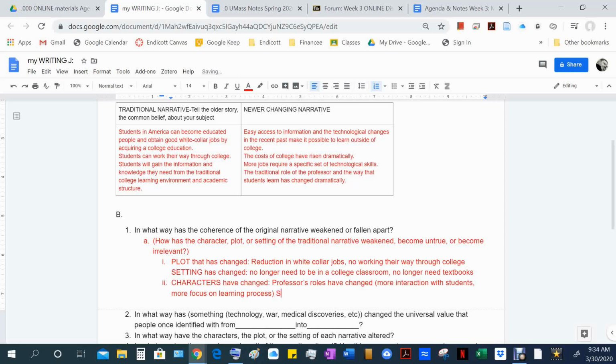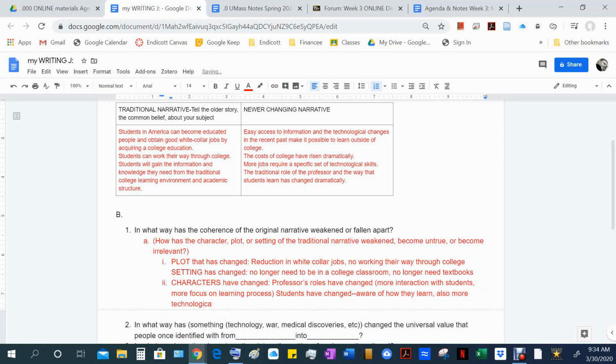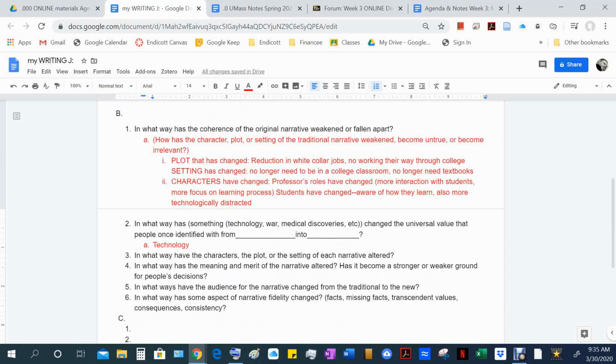And that's another change in the role, right? So students have changed. You could also make the case that they're technologically distracted, right? So it's not all great. Every change from the traditional to the new is not always good, right? Anyway, technology is probably going to be the biggest changer in my world, the thing that's really altered higher education.